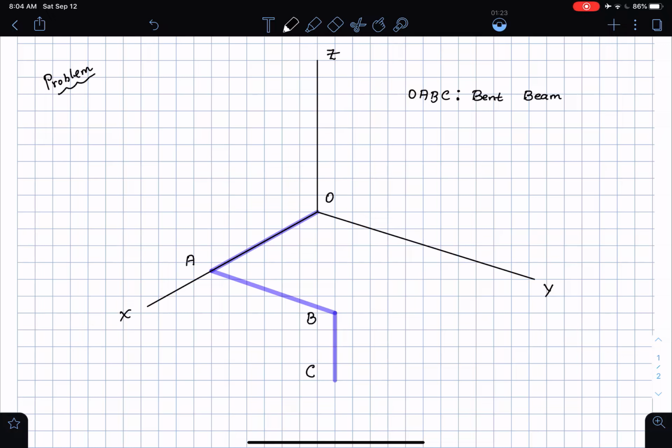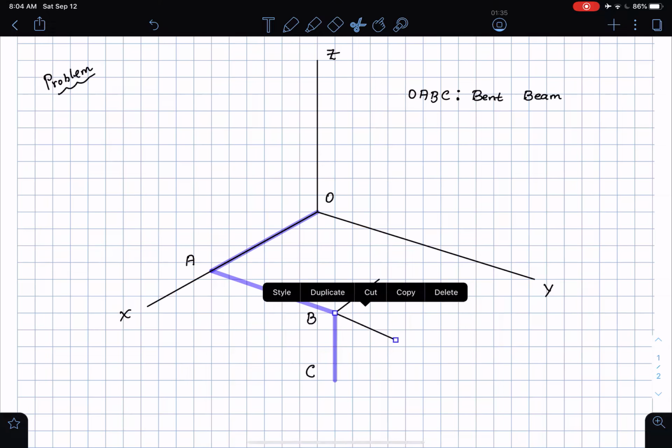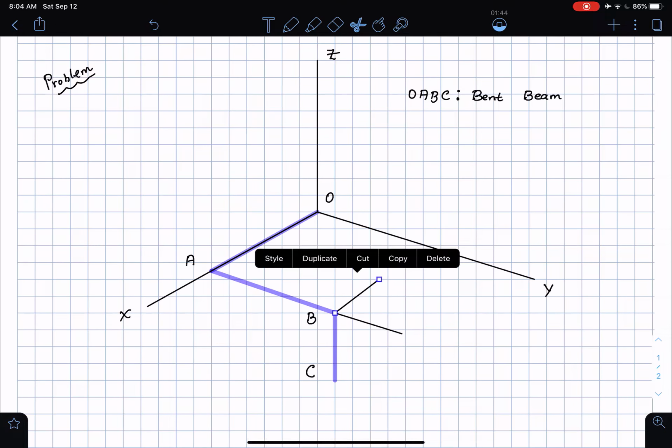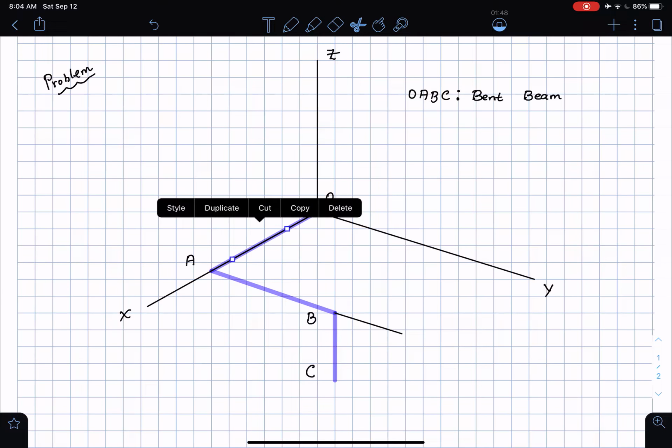And there are a couple of forces acting on it. First of all, I'm going to draw a set of dotted lines to show you what's happening here. There is a force acting at the point B, and let me draw this line parallel to the y axis. Let me make sure that this is parallel, and drawn parallel to the x-axis.